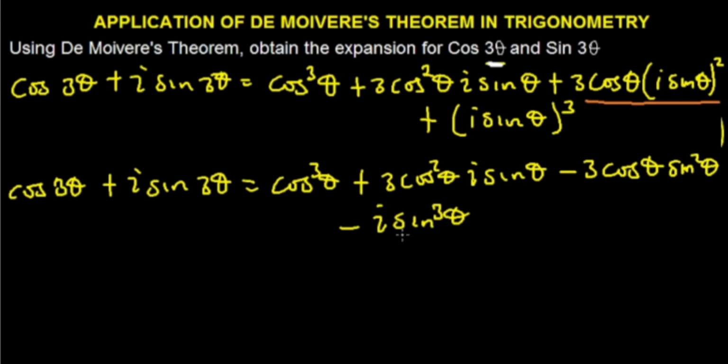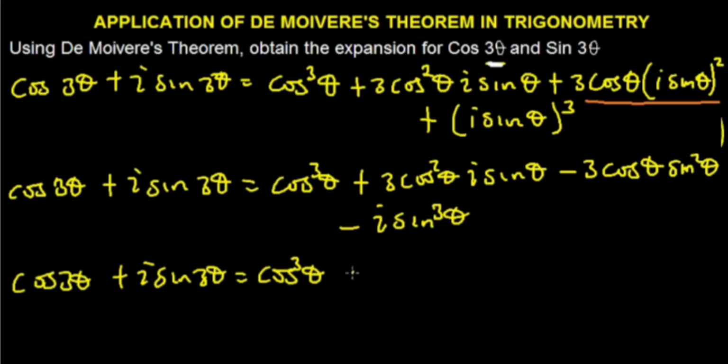Now I can group them: the ones that have i and the ones that do not have i. I will have cos 3 theta plus i sin 3 theta equals, let me bring the ones that don't have i together: cos cube theta minus 3 cos theta sin square theta.